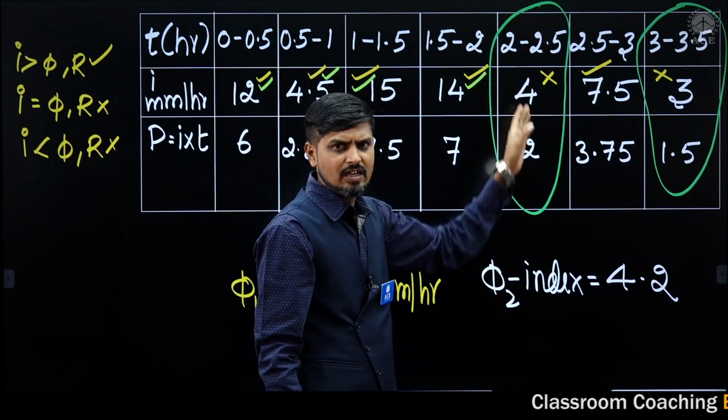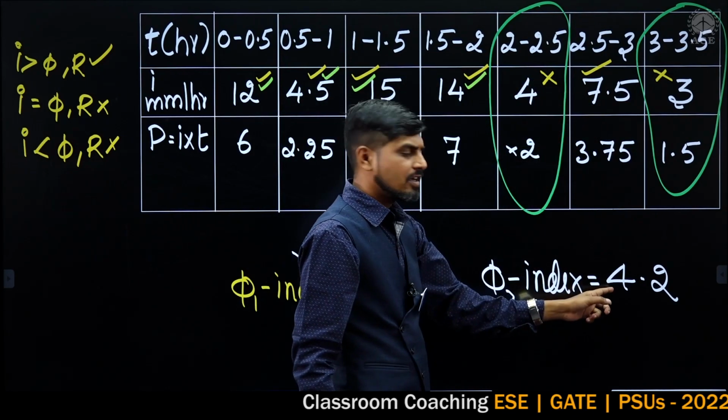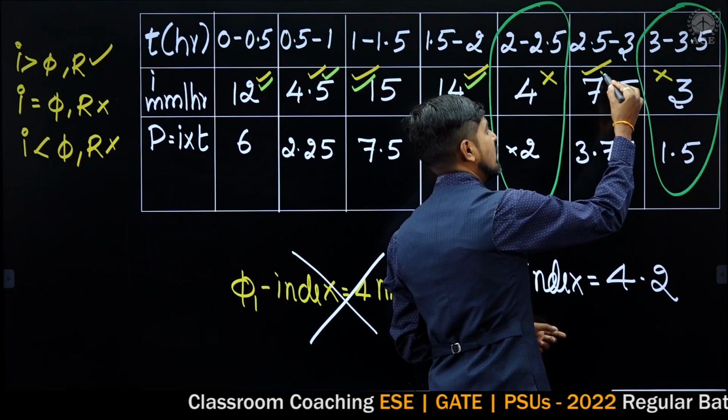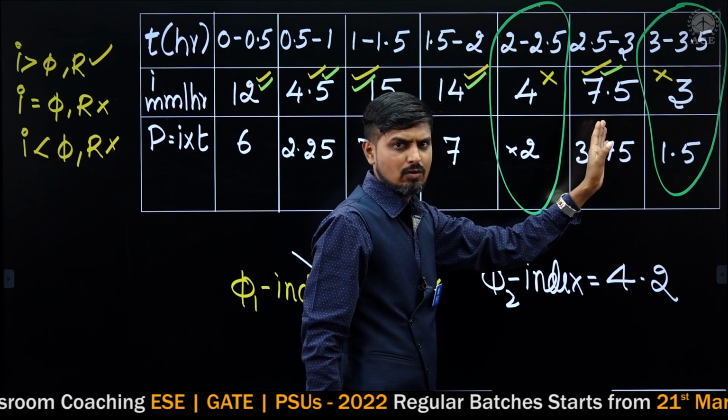This one is already discarded, na? Don't consider this now. 7.5 is greater than 4.2, so there will be runoff. This one is already discarded, don't include that one.